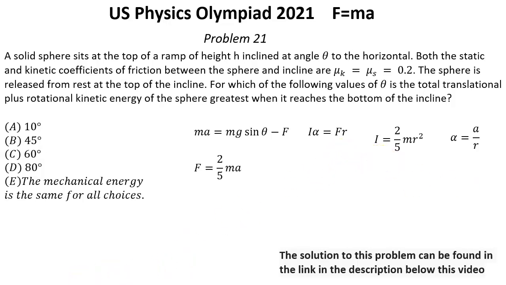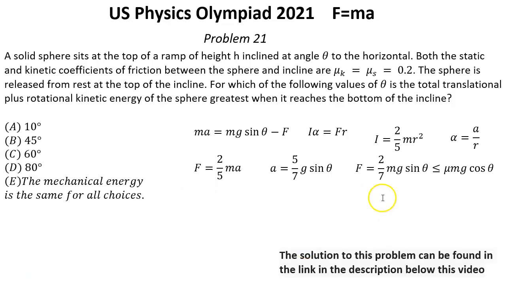We will get that the force of friction equals 2 over 5 m a. We can put this into the first equation and define the acceleration. That will be 5 over 7 g sine theta. And now we can calculate the force of friction.